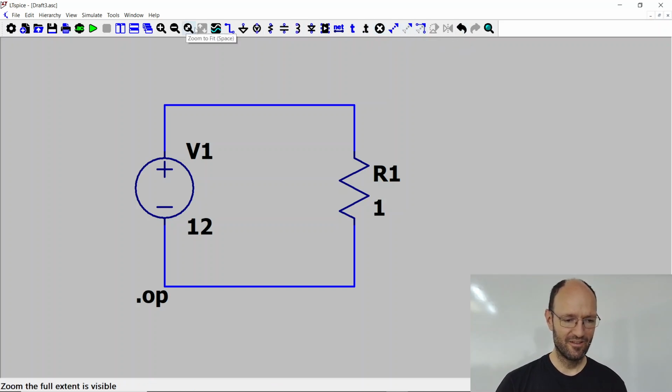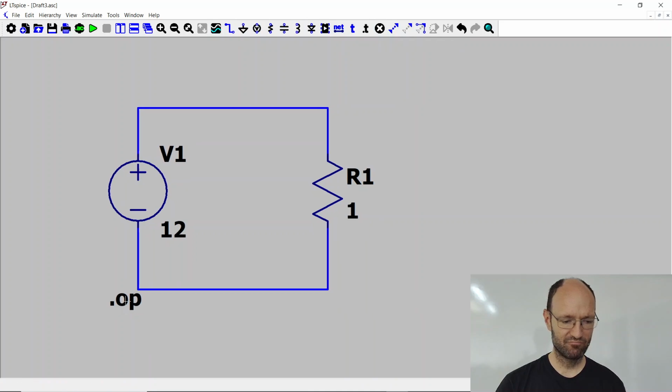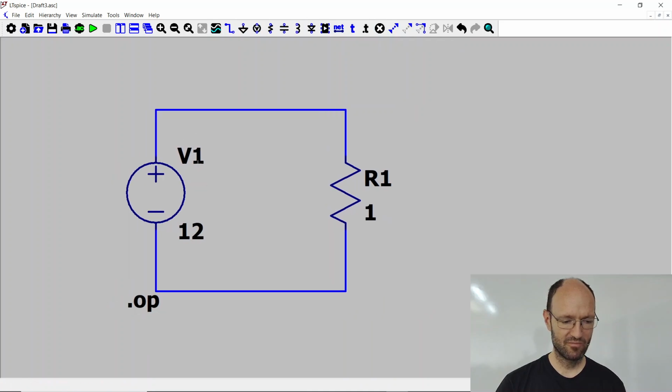So I'm looking for the hand symbol here, but okay, no, I cannot pick it up with my hand to move this around. Anyhow, I will take the ground and place the ground somewhere here at the bottom of the circuit and connect the ground.